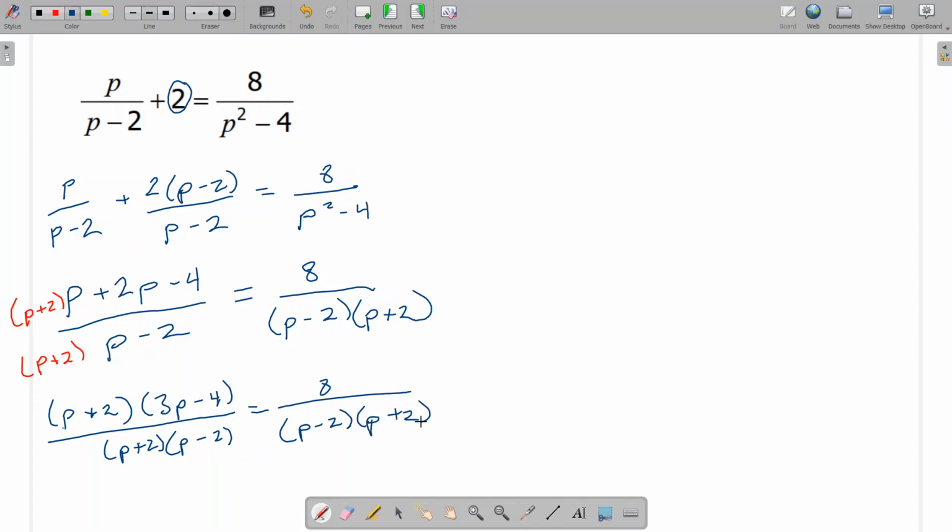And now that I have that common denominator, I can rewrite this equation just with the numerators. I'm going to FOIL the p plus 2 times 3p minus 4. And here we go. So now at this point, we just need to simplify and move everything to one side.